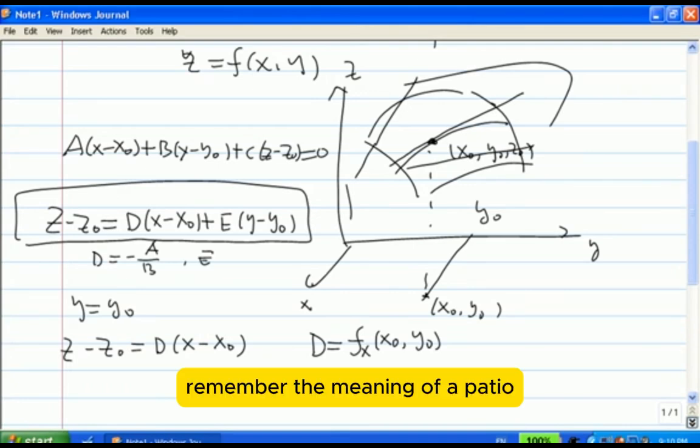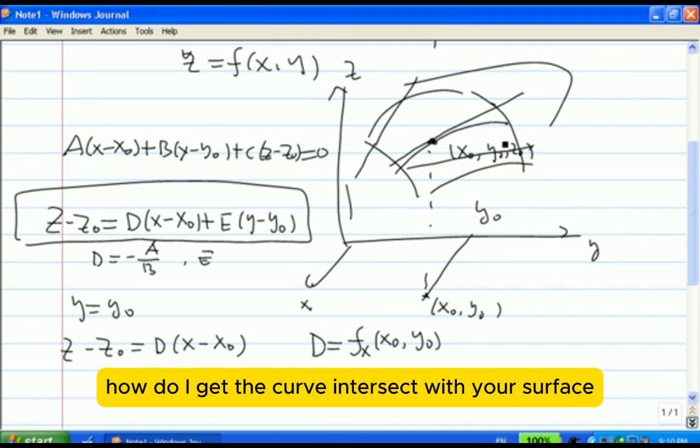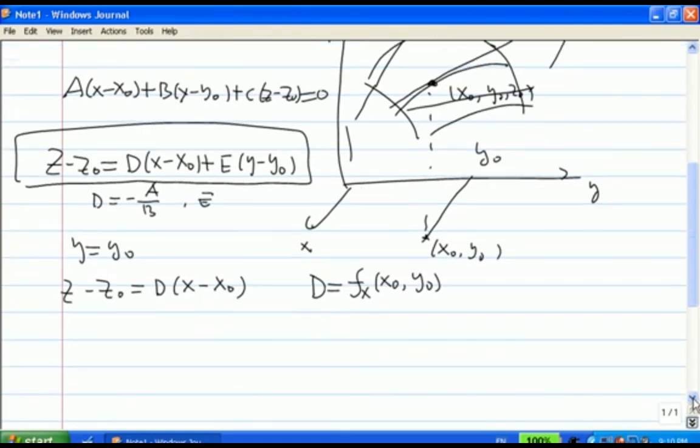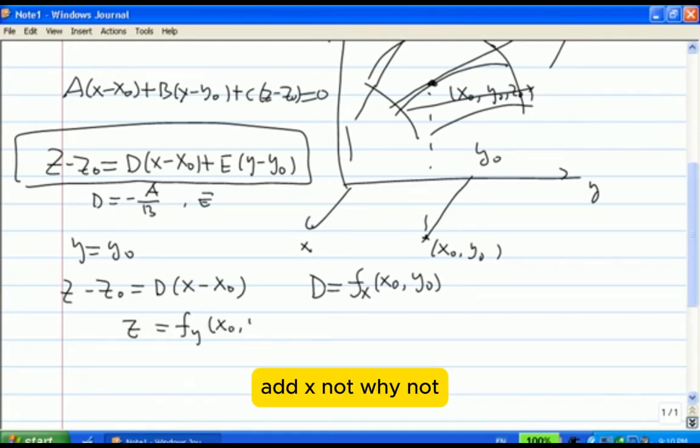Remember, the meaning of the partial derivative with respect to x is the slope of a tangent. For the curve, how do we get the curve? Intersect your surface with y equal to y0. Similarly, we can find e equal to partial f with respect to y at x0, y0.